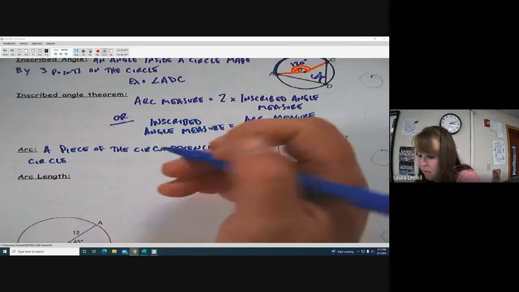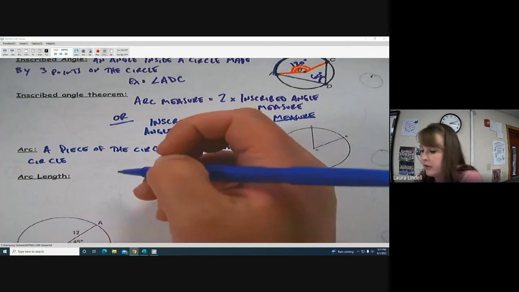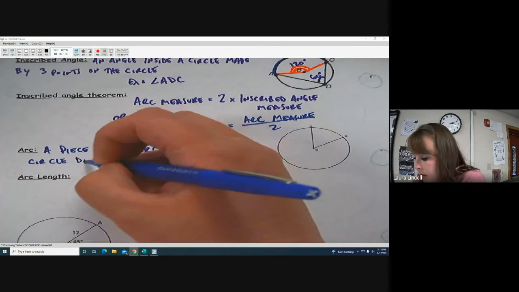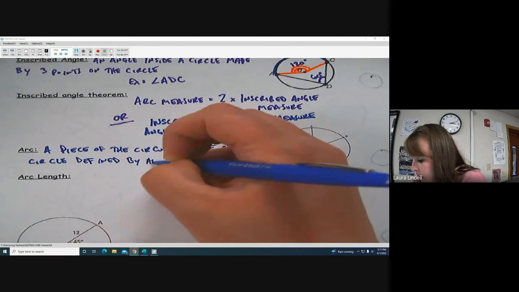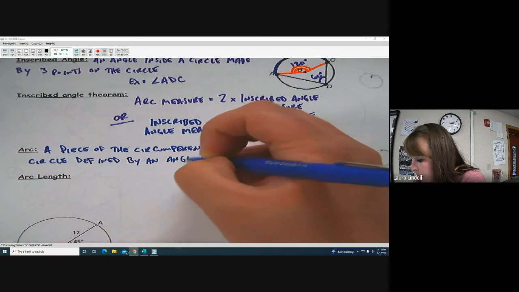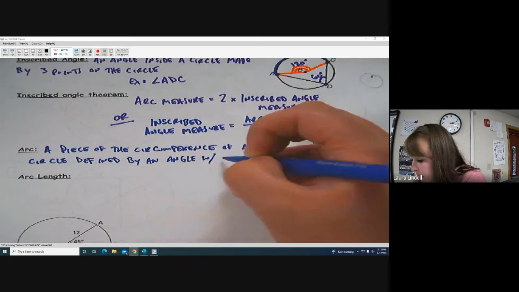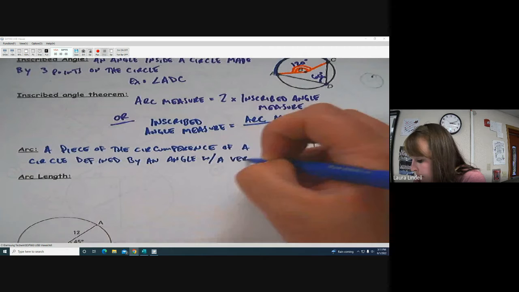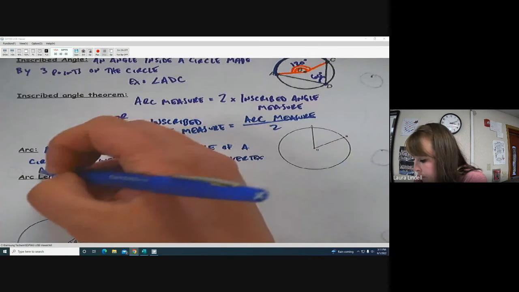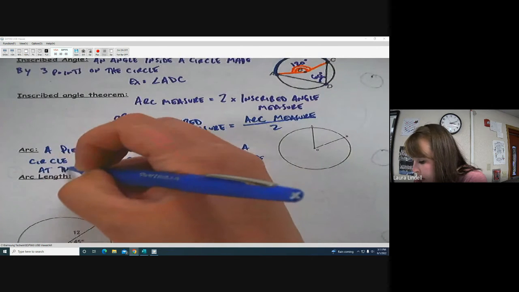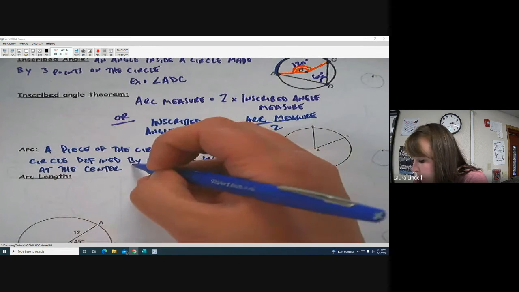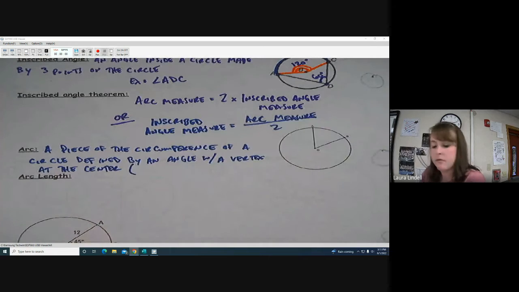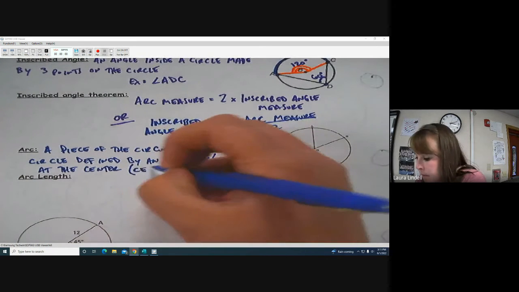And it's defined by an angle with a vertex at the center of the circle. Which is why a lot of times you'll hear it referred to as the central angle.